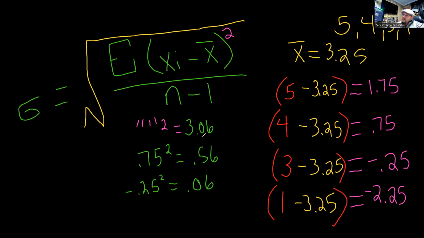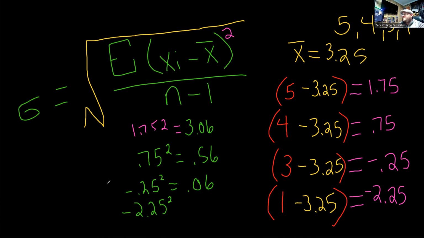And then one more, right? Negative 2.25, and I'm gonna square that. 5.06. What did you say it was?